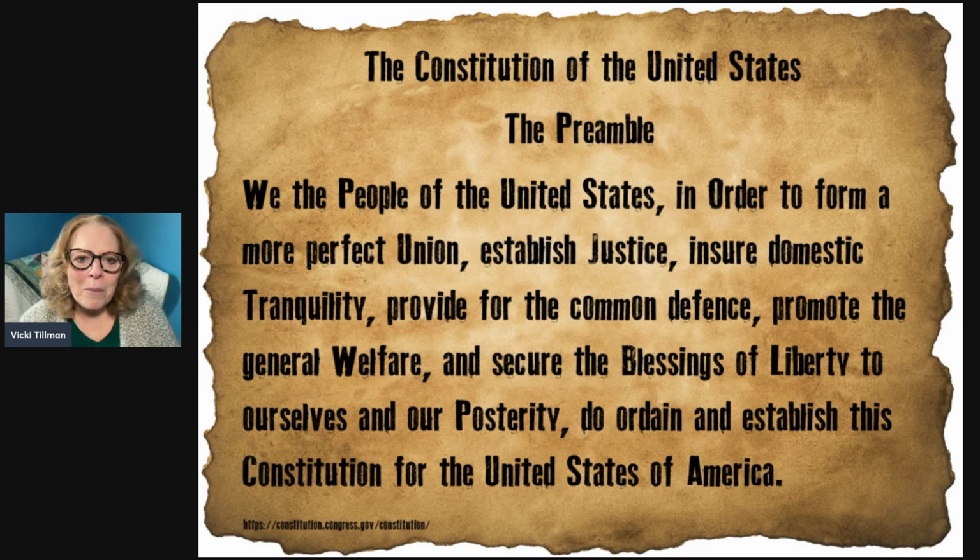So the preamble shows to everyone our basic rights, our purpose, our philosophy, and that we're agreeing to ordain and establish the Constitution for the whole country, for the United States of America.